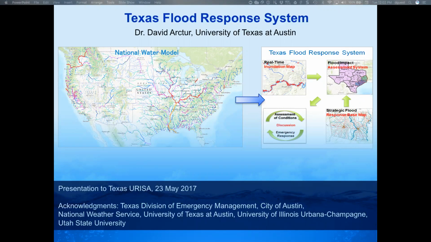And the system that I'll be talking about is something we're doing in Texas. It's funded from FEMA flood response funding out of the May 2015 floods. It took a while to get that funding in place, but that's the money that paid for the study that I'm going to talk to you about.